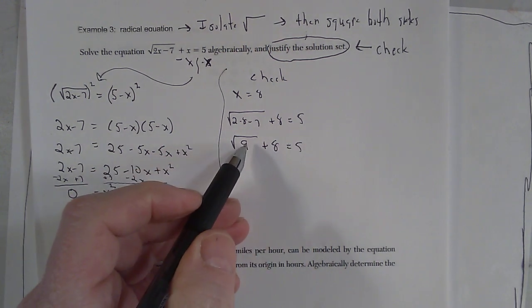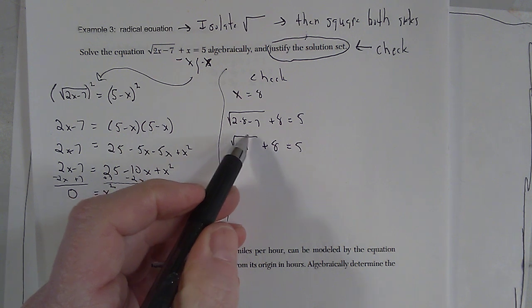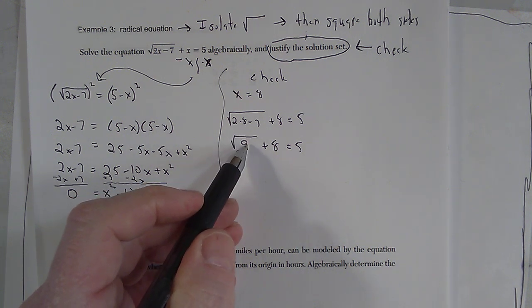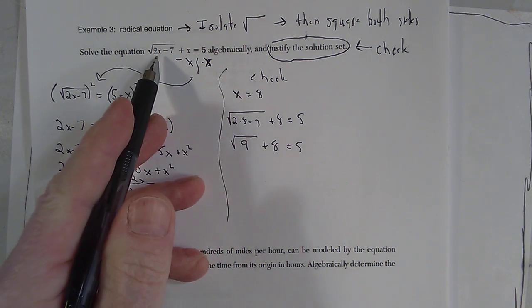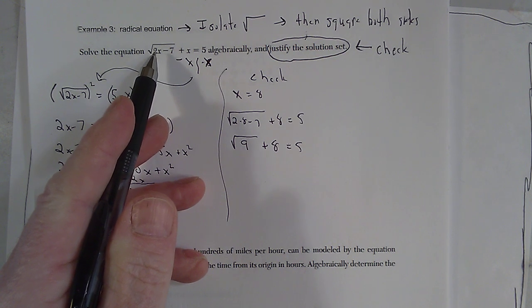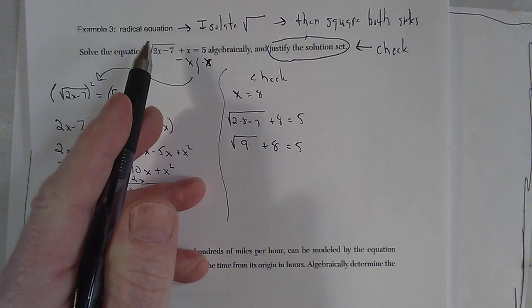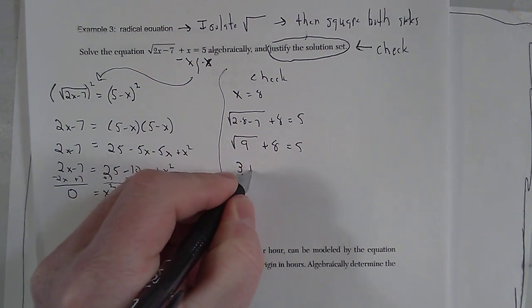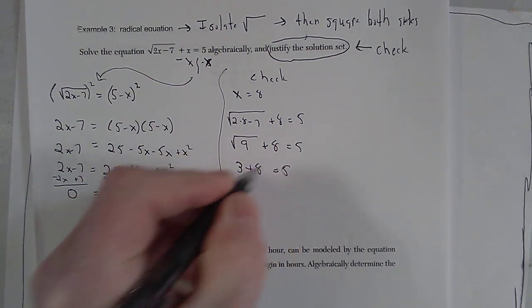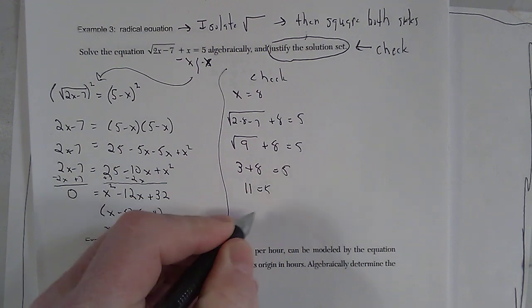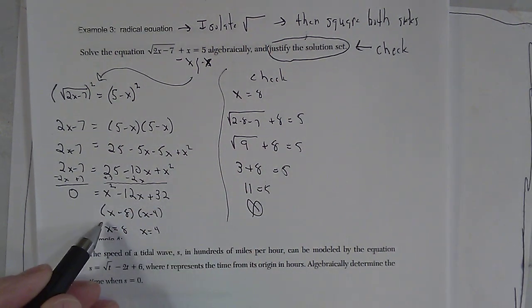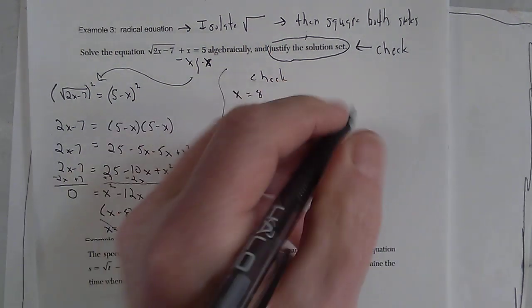Now this, the reason you only keep the positive square root is because remember we need this to be a function, so you only keep the positive. So 3 plus 8 equals 5, 11 equals 5, nope. So this is not a solution.